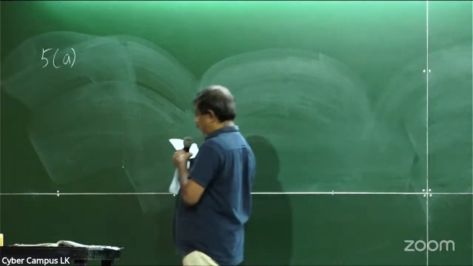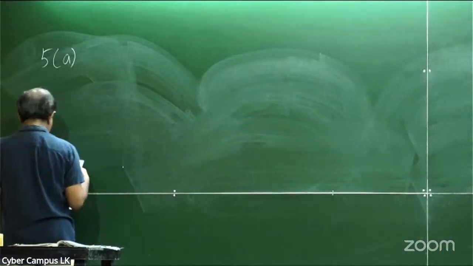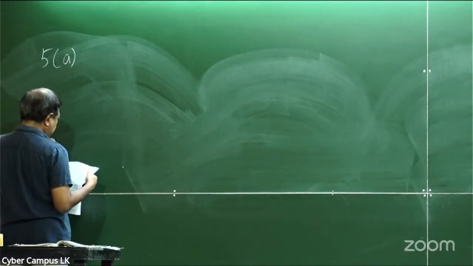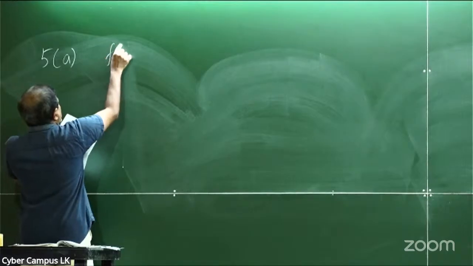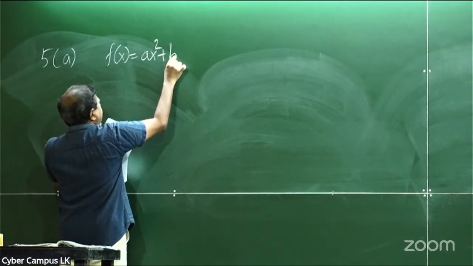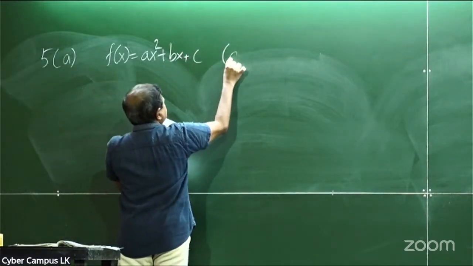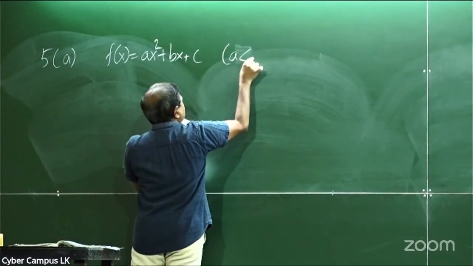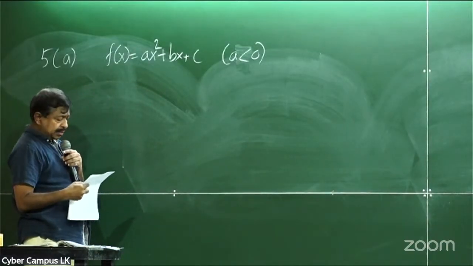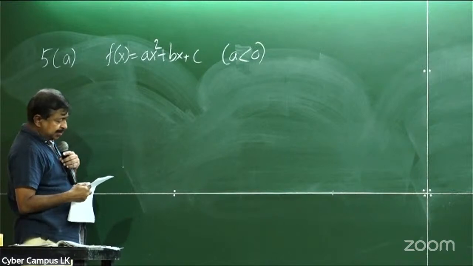Right. Now, we have to show that f(x) is a quadratic function, with a less than 0. We have to show that f(x) is a times something.